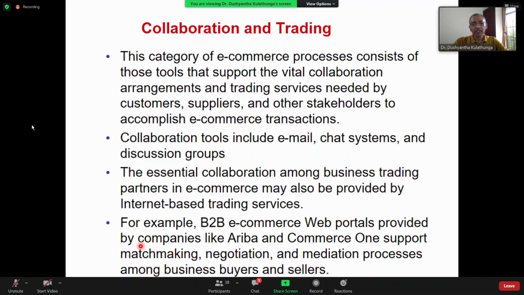Matchmaking is matching the buyers and sellers. Buyers can specify what they want to buy. Thereafter, these particular portals or the systems used there can match the buyer's requirements with the sellers, and communicate it to the buyers.